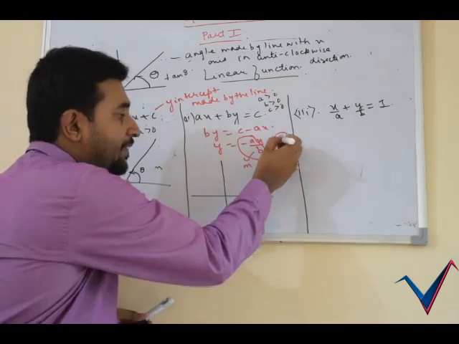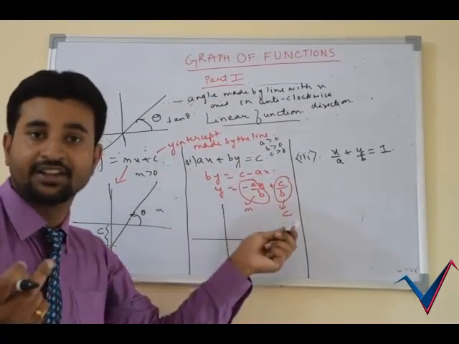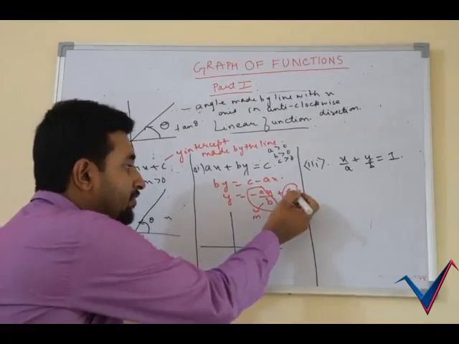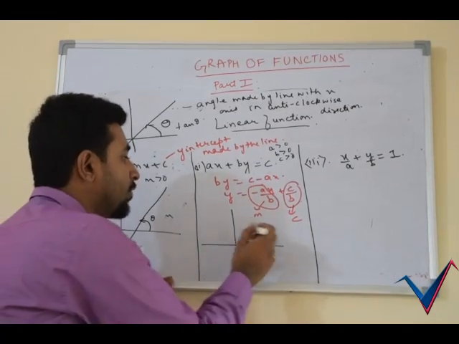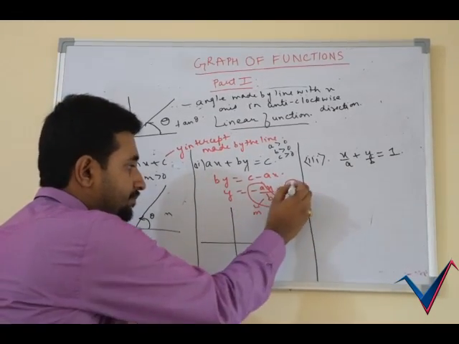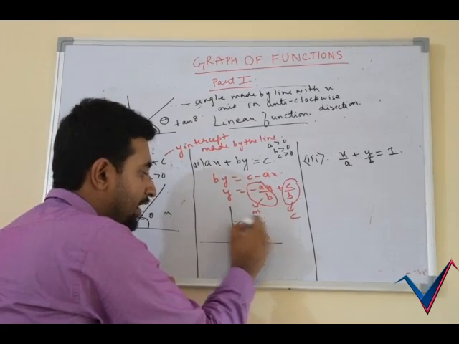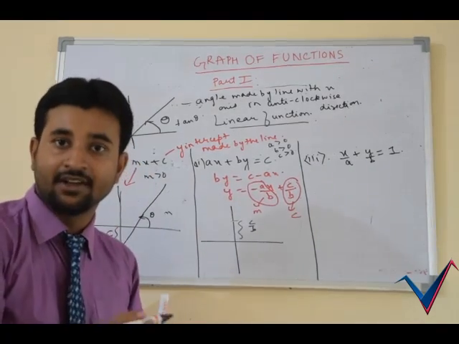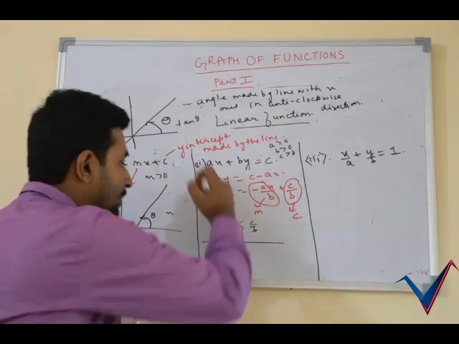And the y-intercept is C by B. Since we have considered C greater than 0 and B greater than 0, C by B will also be positive, so the y-intercept will be positive. Suppose this length is C by B, and we know that the slope is negative, so theta will be greater than 90 degrees and the line will go this way.